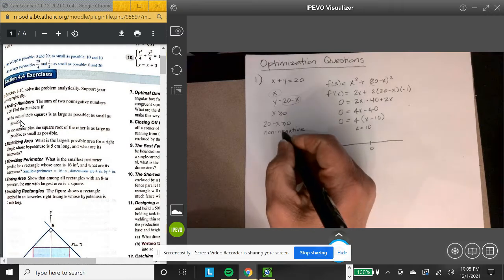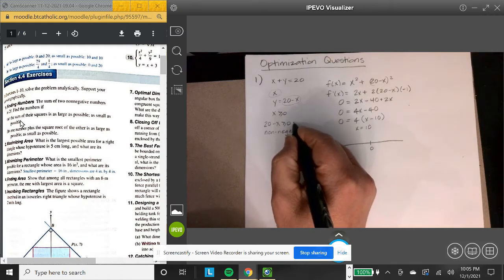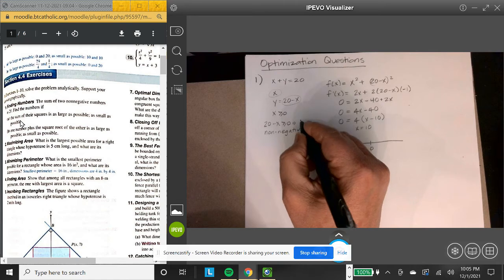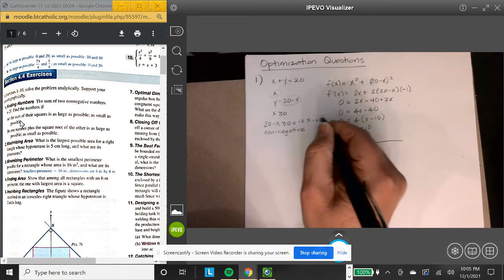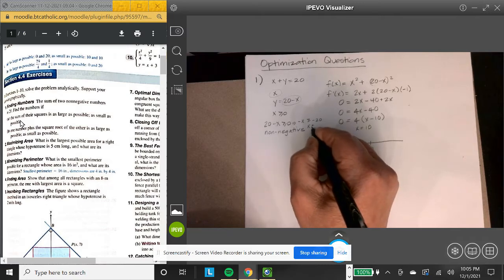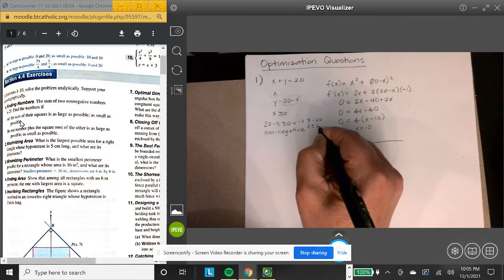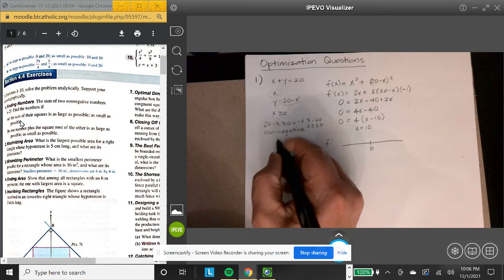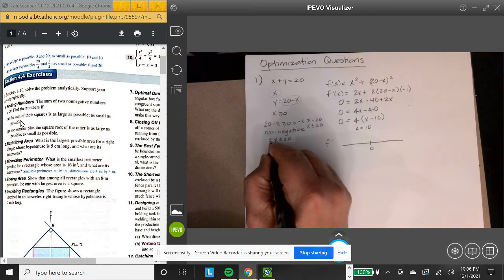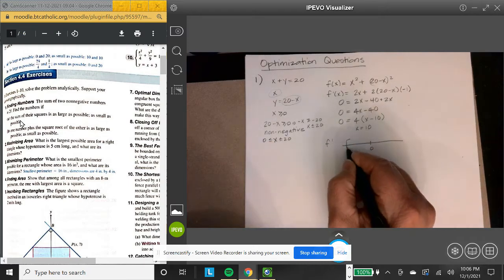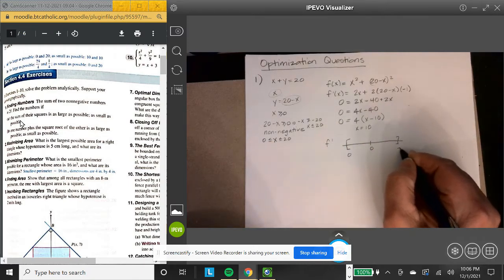If I do this reduction here, that would be negative x is greater than or equal to negative 20, and then x has to be less than or equal to 20 if I flip the sign. So x has to lie between 0 and 20. That's a closed interval, believe it or not, 0 to 20.